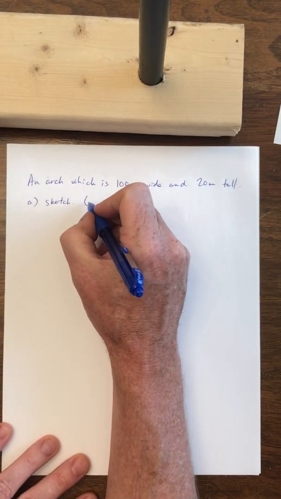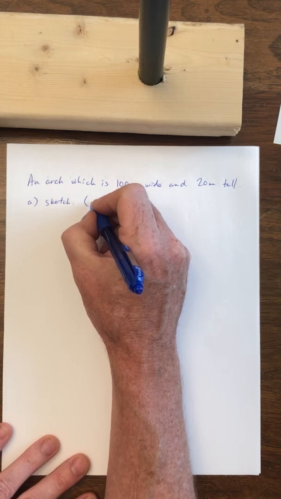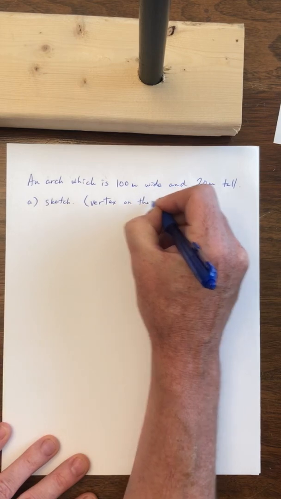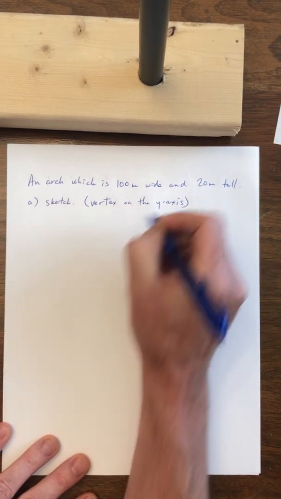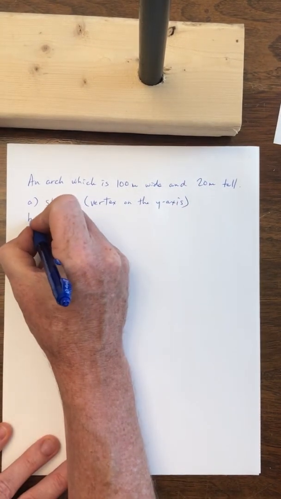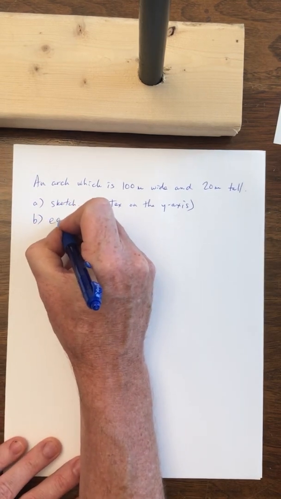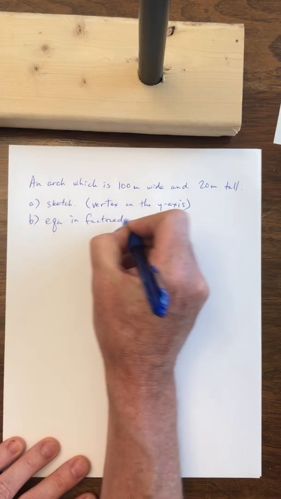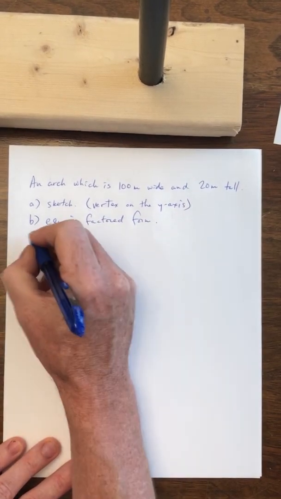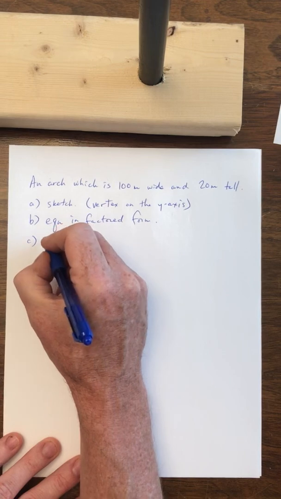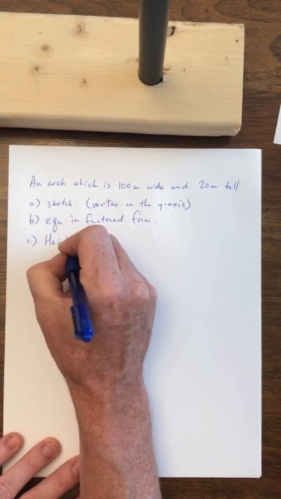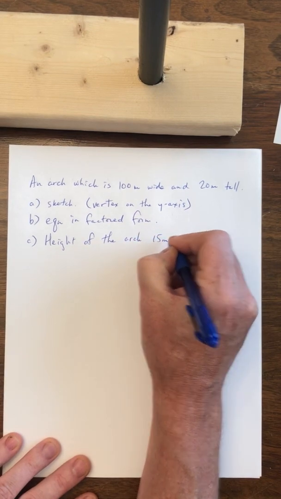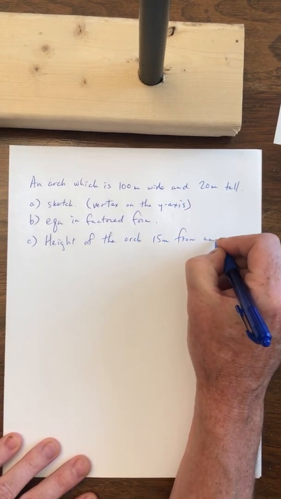And in this case, we're going to sketch it with the vertex on the y-axis. B, let's get an equation in factored form. And C, let's calculate the height of the arch 15 meters from an end.